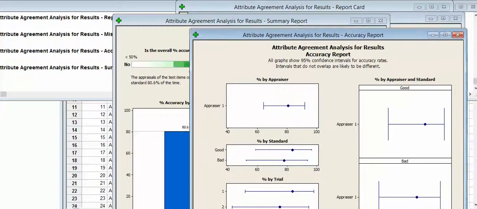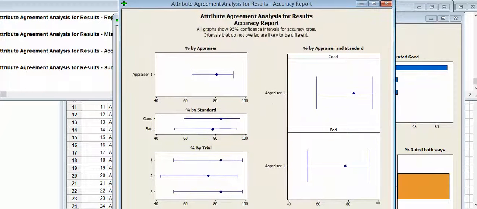Now the second graph calculates percent acceptance by appraiser. In this case it's 80.5%. Again, according to the standard, we can break it by goods and bads and calculate percentages.